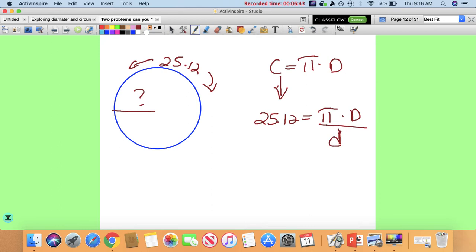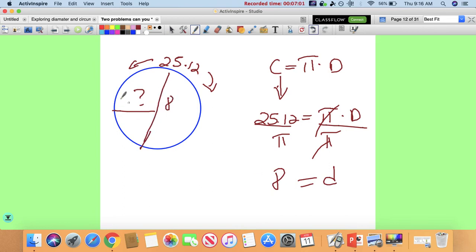Divide by pi, cross out. So the diameter is 25.12 divided by pi. Enter. It's going to give us, rounded, 8. So the diameter is 8. The radius is half of it, 8 divided by 2, so that's going to give us 4.